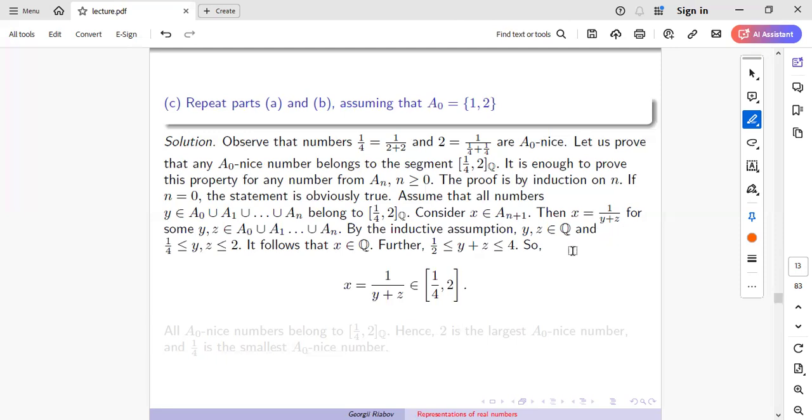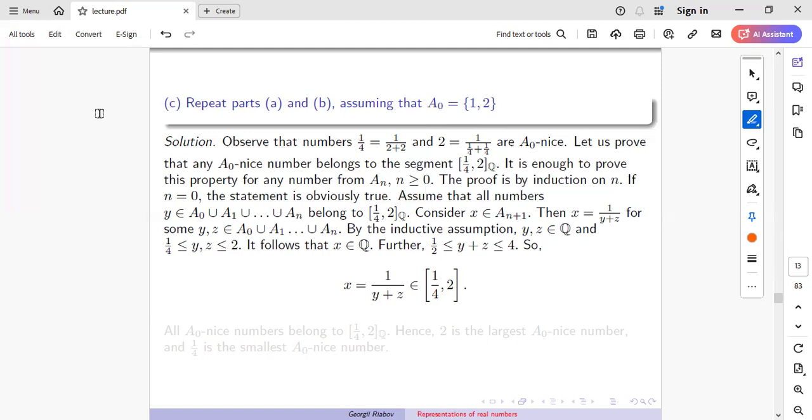So x is rational, and the sum y plus z is bigger than 1 over 2 and less than 4. So x is bigger than 1 over 4 and less than 2. So 1 over 4 is the smallest A0 nice number, and 2 is the largest A0 nice number.